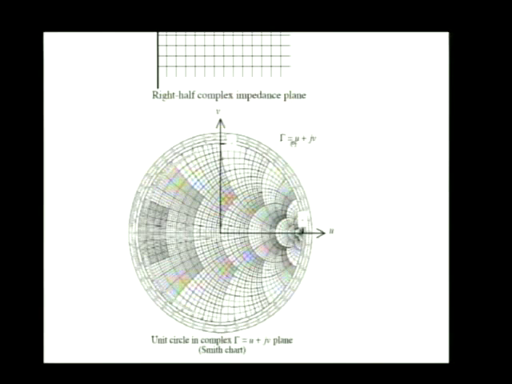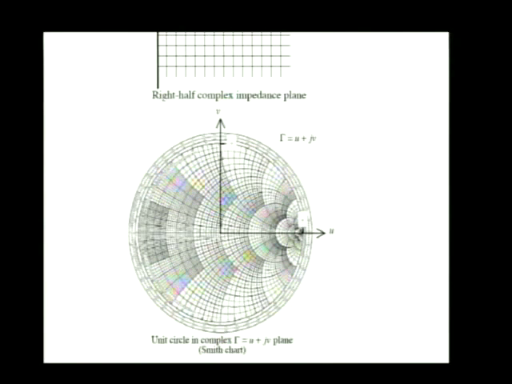So the Smith chart can be thought of as the unit circle in the complex gamma plane. And any point in this complex gamma plane has a U coordinate and a V coordinate, U being the real part of gamma and V being the imaginary part of gamma. That's when you write gamma in rectangular form.